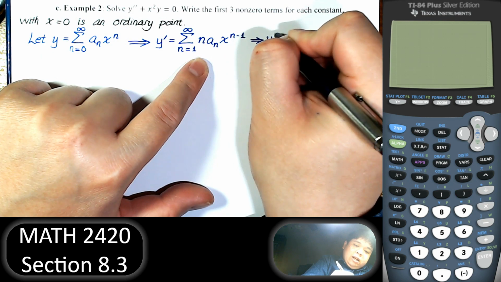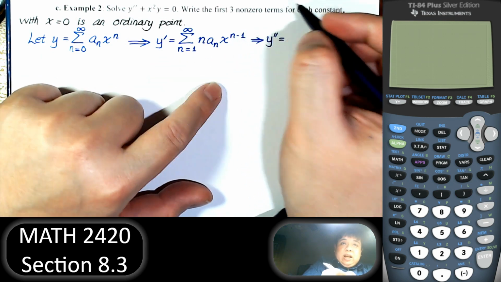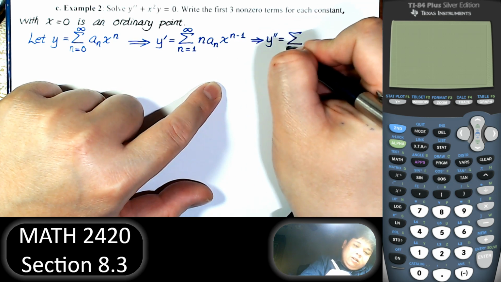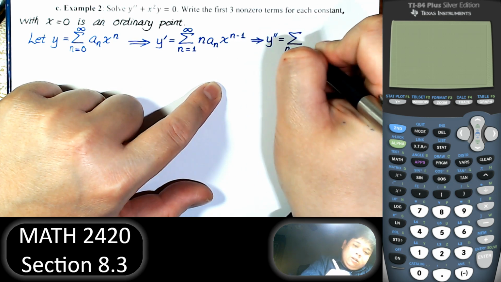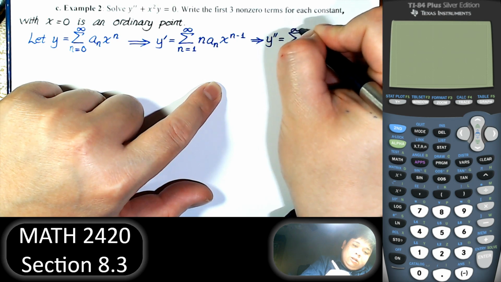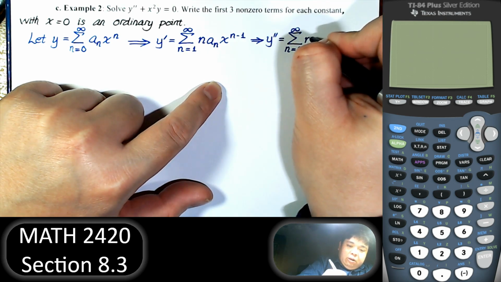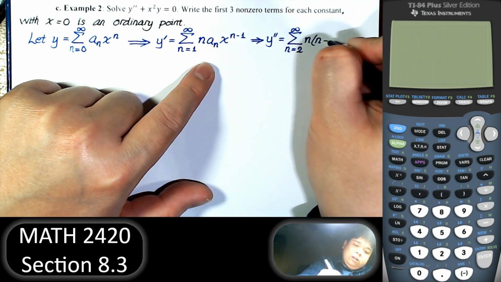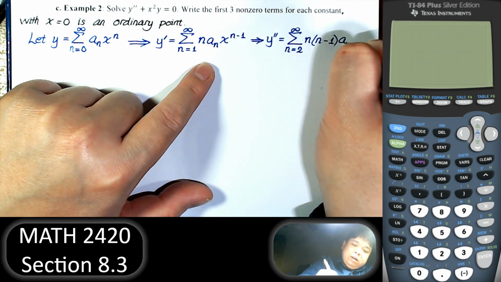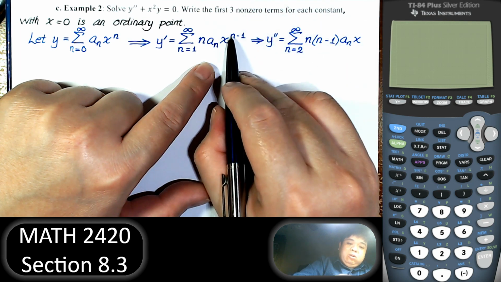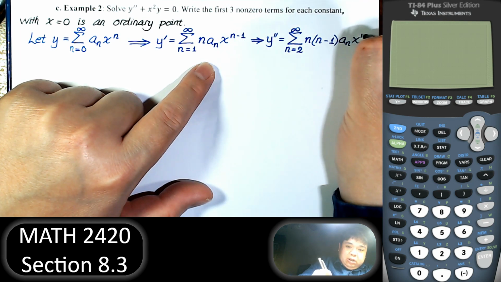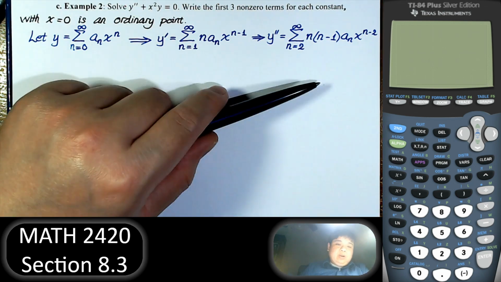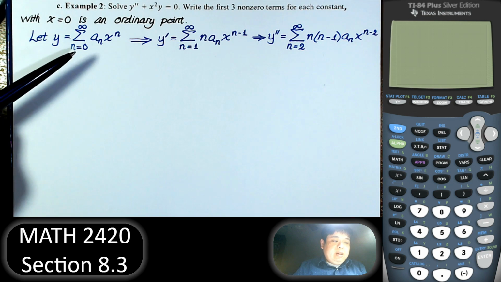Now second derivative, once again the derivative we have to increase the index by 1. So we have n, and derivative of this, take down n minus 1, a sub n x, and the power decreased by 1. Right, so we have the second derivative, we have the first derivative and the function.